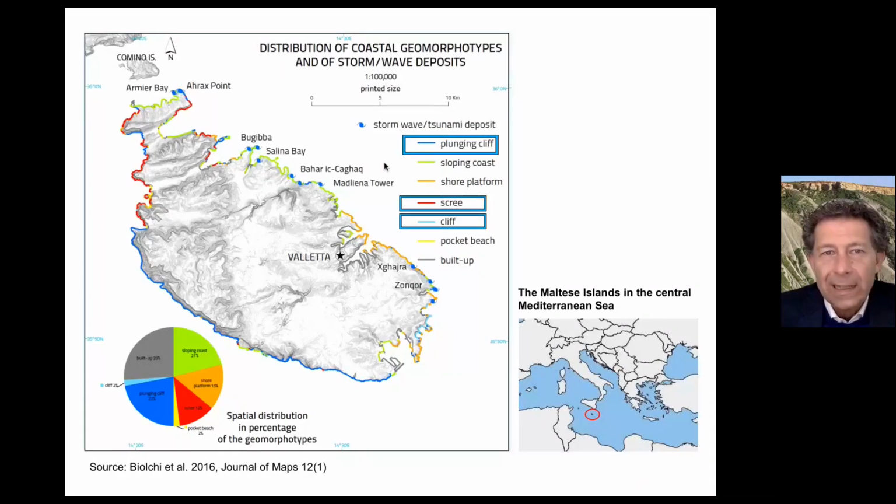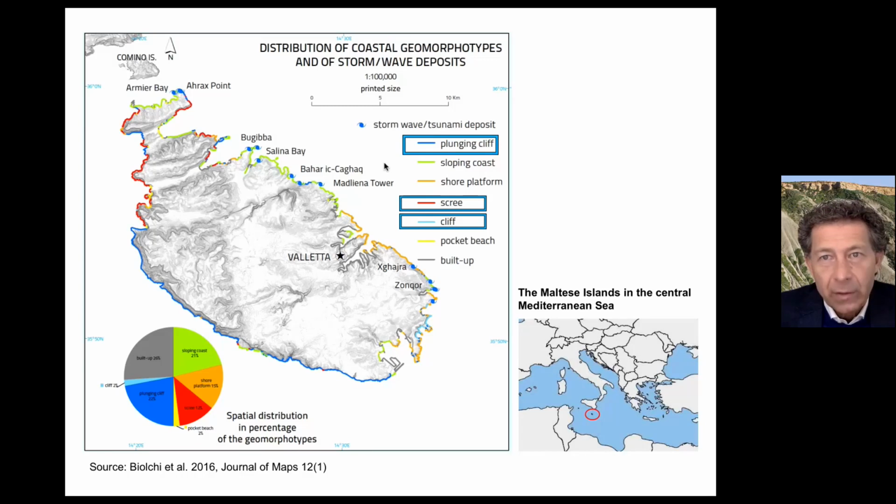So in order to understand well the problem of coastal landslides, we started from the beginning, trying to define the different types of coastal geomorphotypes, also trying to get information and map storm and wave deposits.